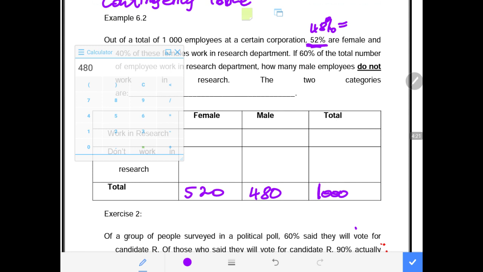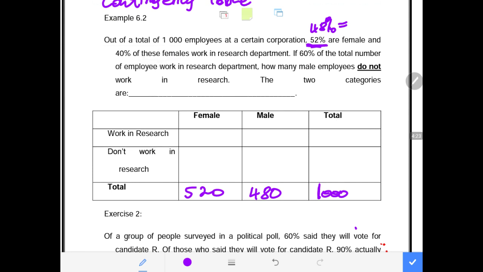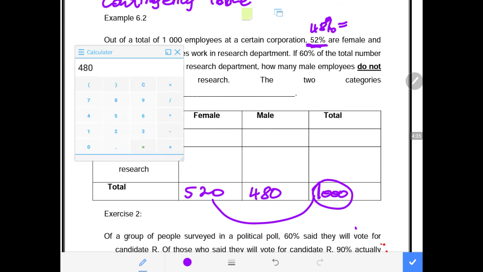So now that is what we have so far. Let us read further. And now it says, remember once again, this was not provided. We had to find it out as kind of an unknown. Or you could have said 1,000 minus 520, that will give you 480. We say 1,000 minus 520, this will give us 480 for those employees who are the male employees.